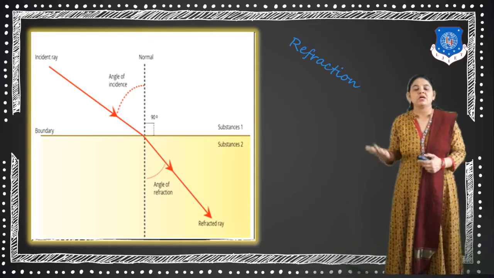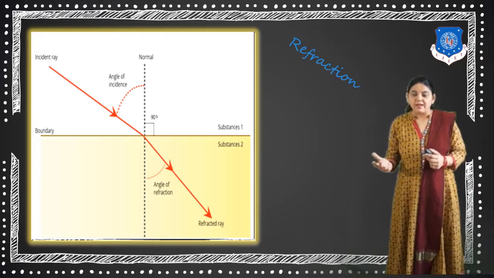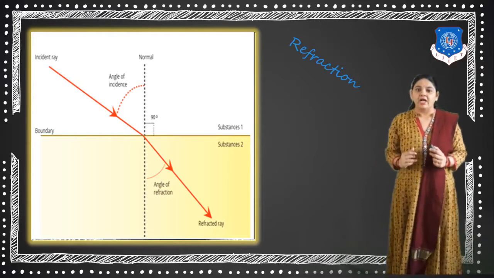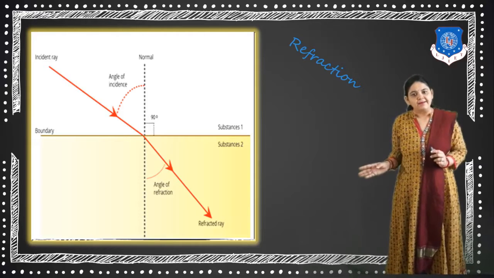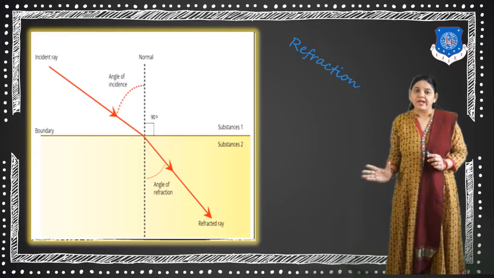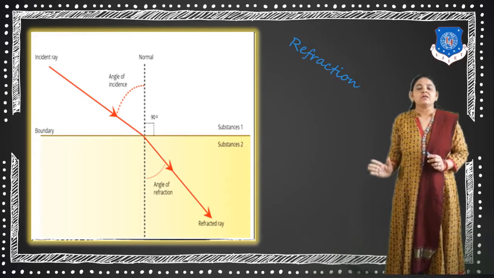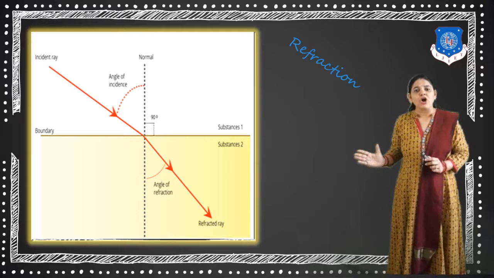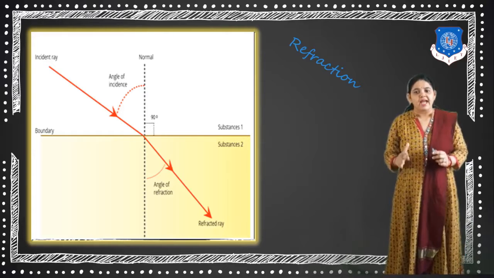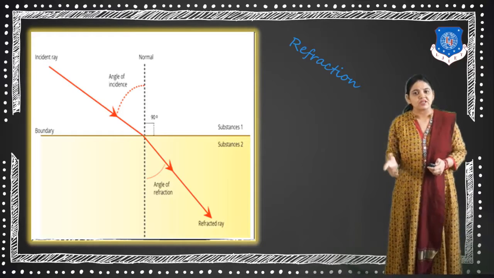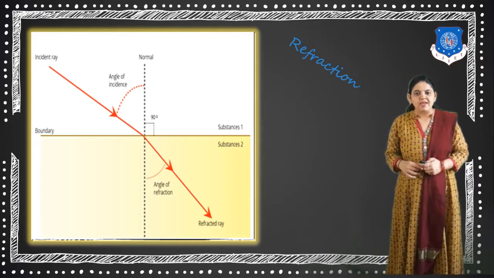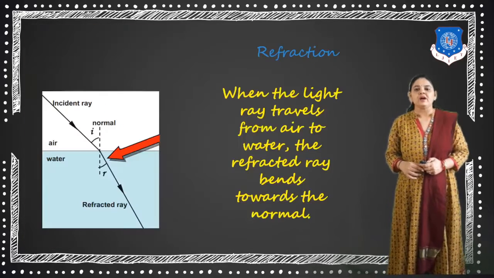The incident ray makes an angle with the normal axis, referred to as the angle of incidence. When it passes from one medium to another, refraction occurs, and the angle made between the refracted ray and the normal axis is referred to as the angle of refraction. Here you can also see the 90-degree angle. This way the refraction occurs.